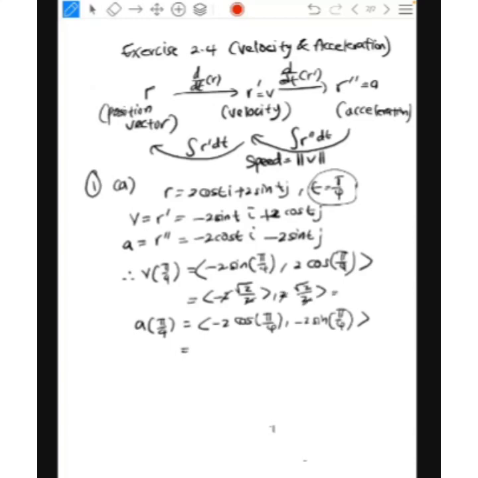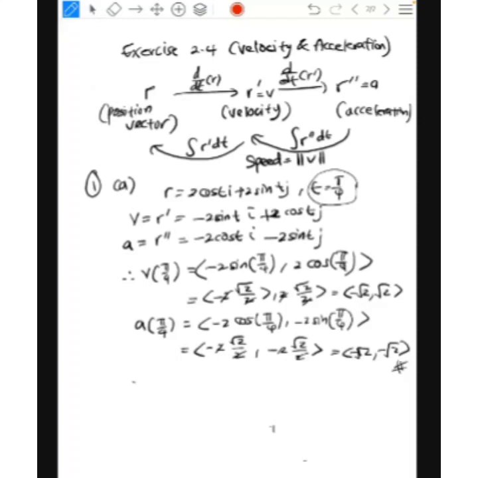So you get negative 2 square root 2 over 2, which is negative square root 2. This one will be similar, negative 2 square root 2 over 2. So this one will be negative square root 2 and negative square root 2. I just substituted the formulas there.